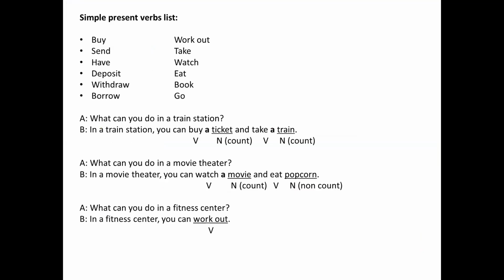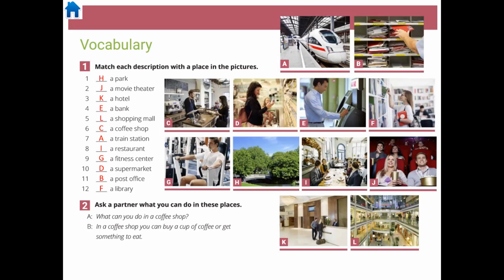So we're going to go ahead and look at the simple, basic present verbs that you will need to answer the question in number two. What can you do in a blah, blah, blah? And we're going to answer the question for each photo on this page, A through L.